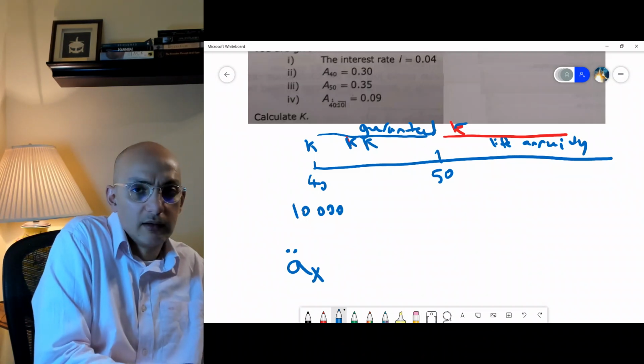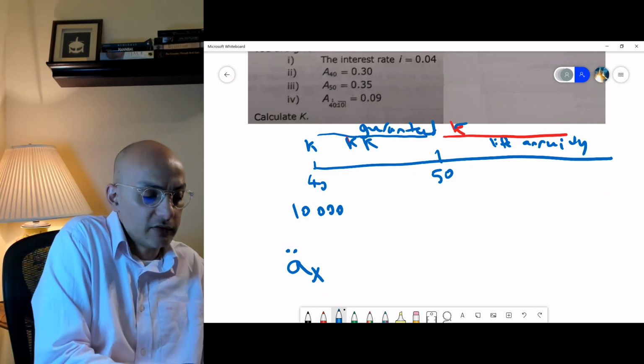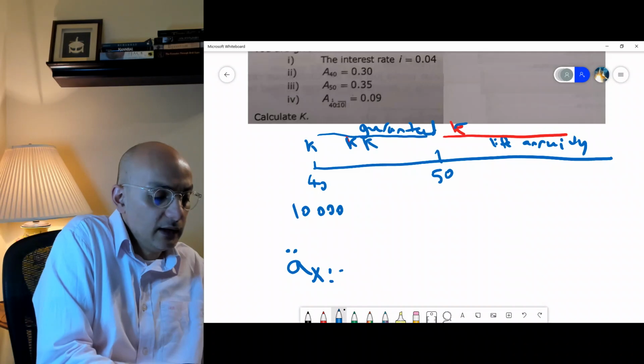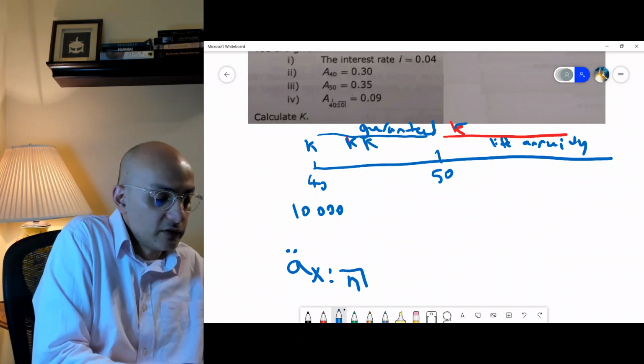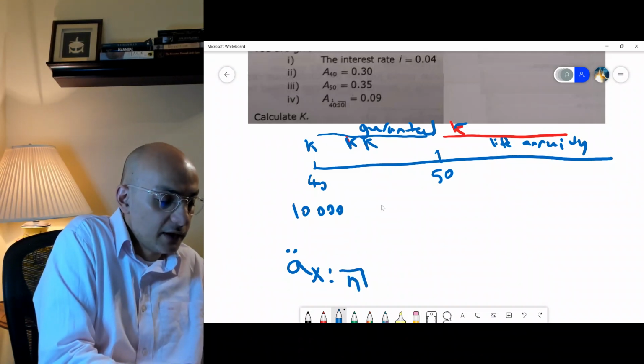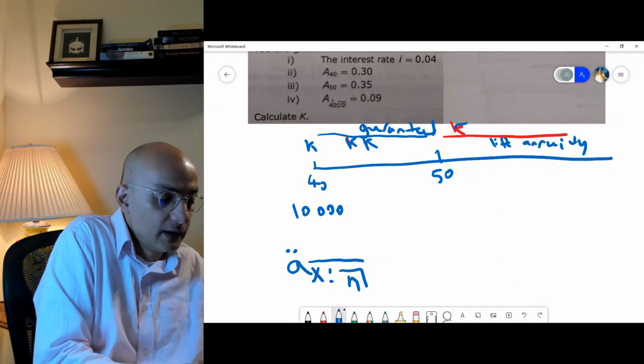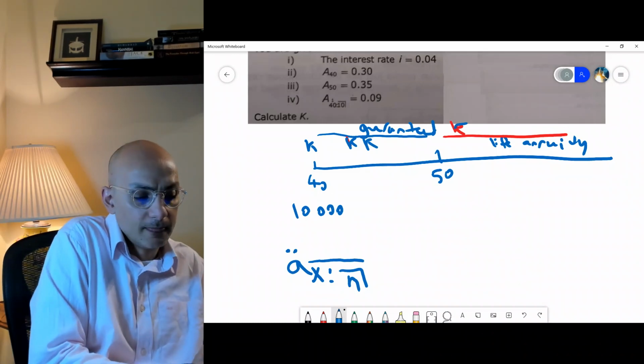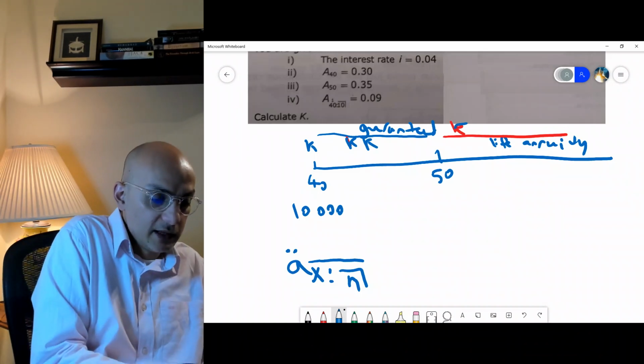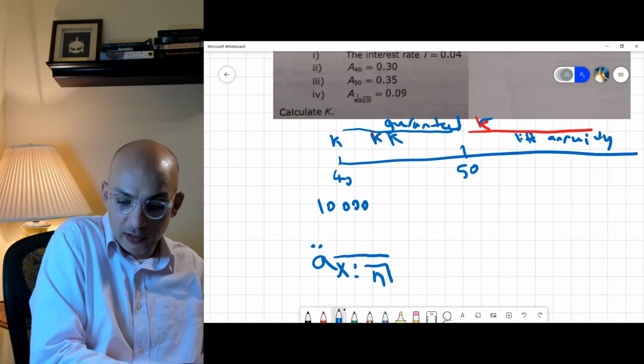X, similar to what we did in the continuous case, and N, because it's guaranteed, there is another bar here, right? And this is like the guaranteed, similar to the one we did in the continuous case.